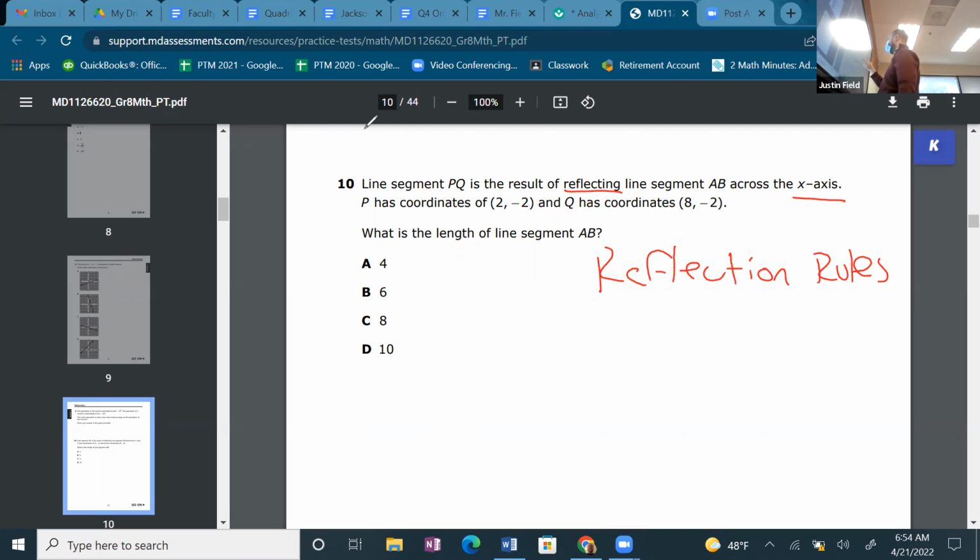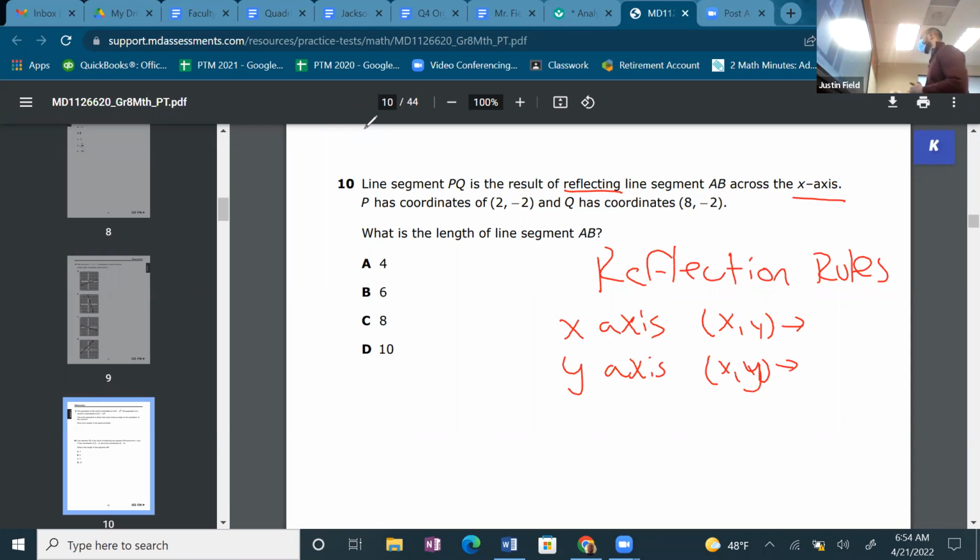We have 2. We can reflect across the x-axis or the y-axis. When we reflect across the x-axis, which coordinate changes?